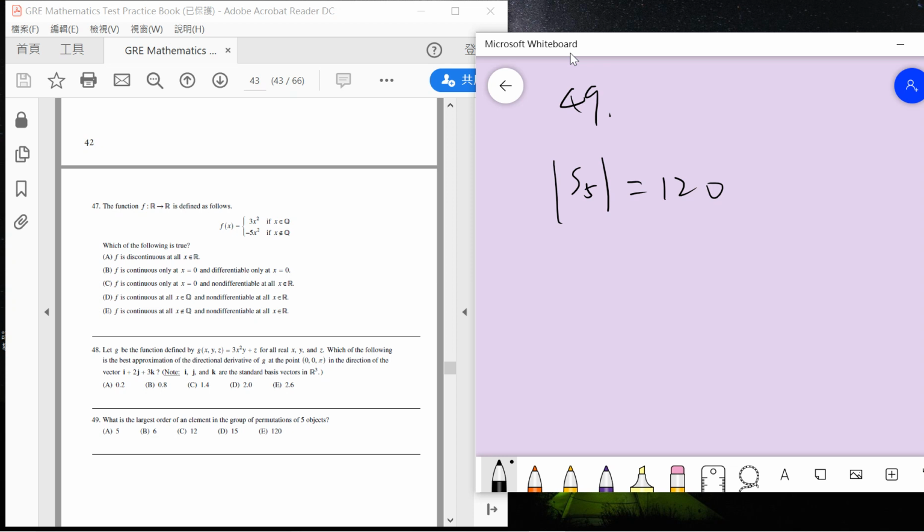Basically, you need to think about what is the largest order permutation in the permutation group? What kind of permutation is the most random one, or needs to be shuffled the most? So once you think carefully, you can get an answer.